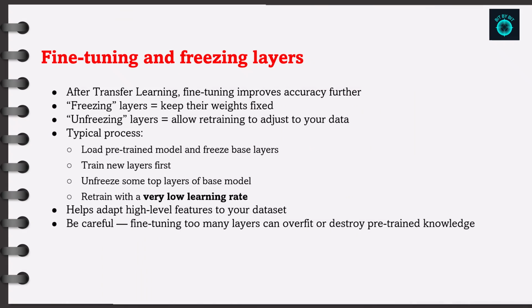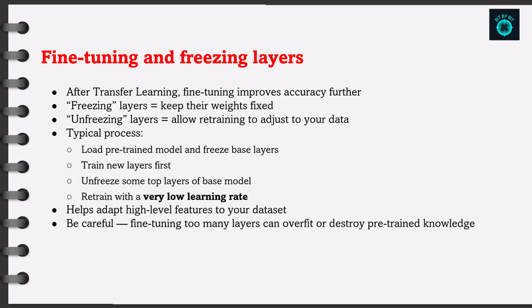Fine-tuning and freezing layers. Fine-tuning is the second stage of transfer learning. After you've trained your new top layers on top of a frozen base model, you can unfreeze some of the deeper layers and train them again, but this time, very carefully, using a small learning rate. Let's break down the two main ideas. First, freezing layers means locking their weights so they don't change during training.